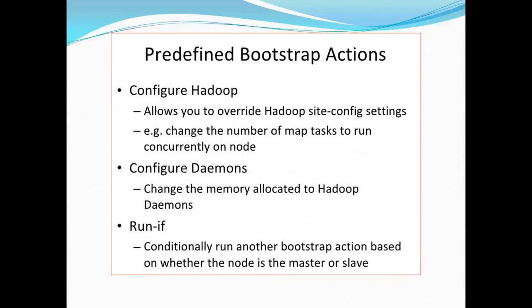By default, it has some predefined bootstrap actions available as well. It will have a default configuration for Hadoop on all those EC2 boxes which have been assigned to you, but you can always override it.